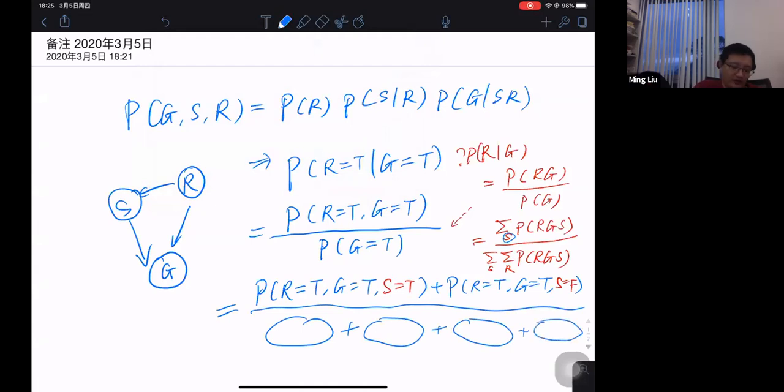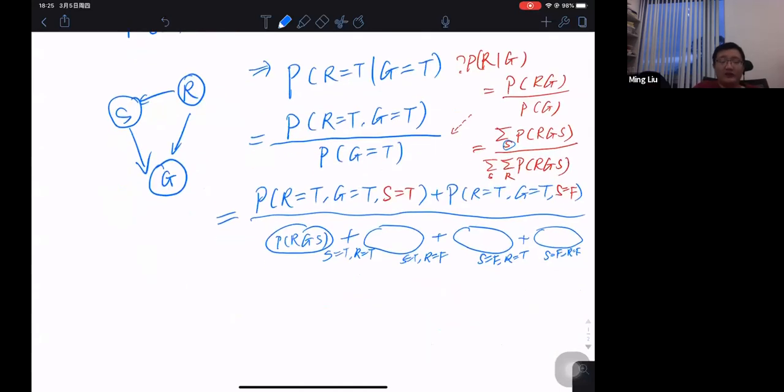Each part will be in the form of the joint distribution of R, G, S: S true and R true, S true and R false, S false and R true, and S false and R false. All these 4 cases.